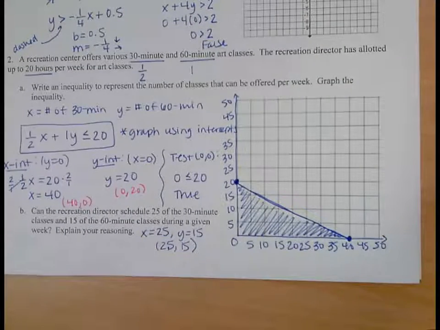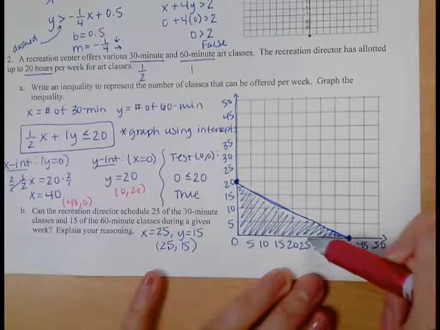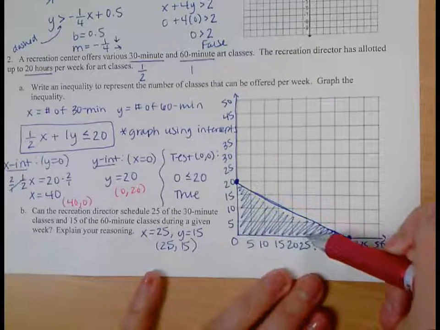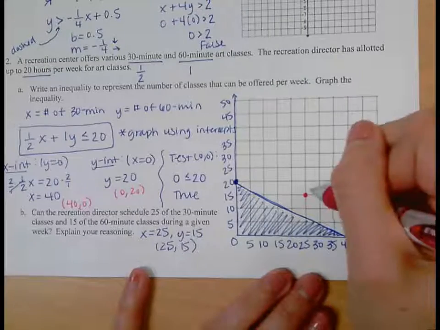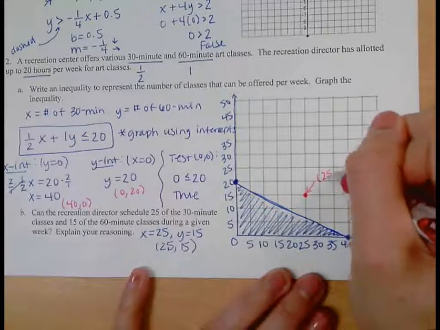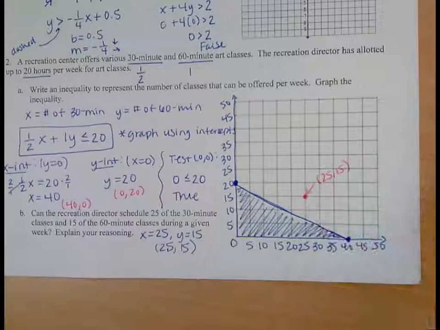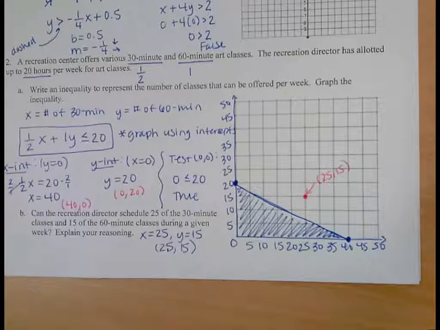So I can plot this point on my graph. So I have here 25 and then, let's see, 25, 15 would be right here. And when I plot that point, I can see it is not in that shaded area, and that tells me it is not a solution. So therefore, the answer to this question would be no.